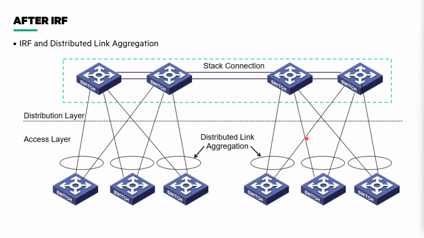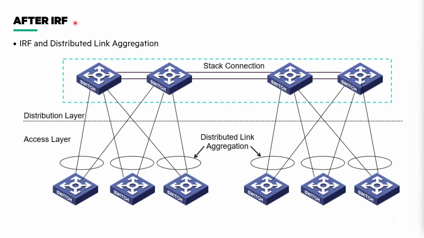But once you do the stack, these four switches in this example become a single logical switch. And the easy thing about the IRF stack is there's no specific interface, like there's no module. Sometimes we call it front plane stacking, meaning I can have 10 gig or 100 gig links. I can then connect the switches over even multiple buildings.